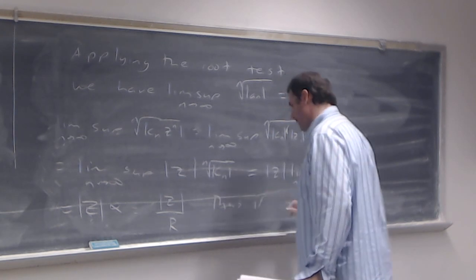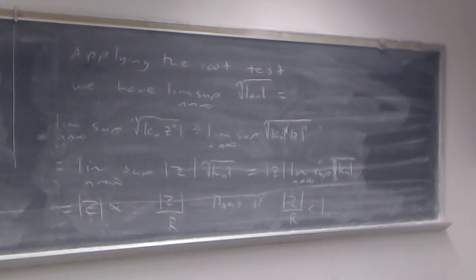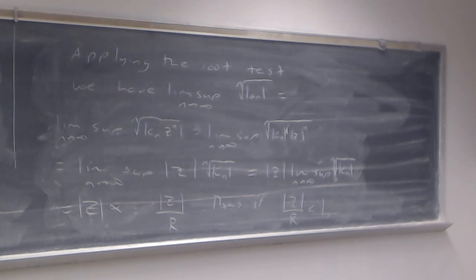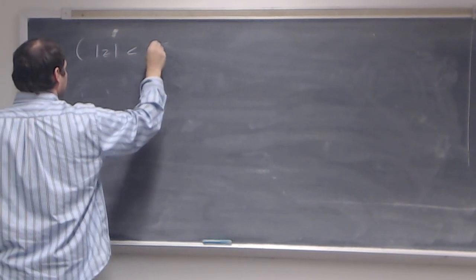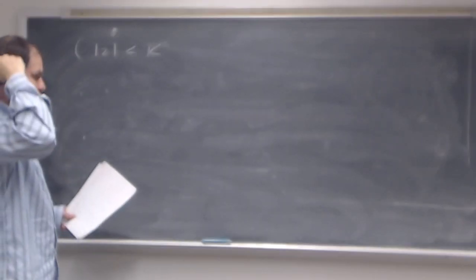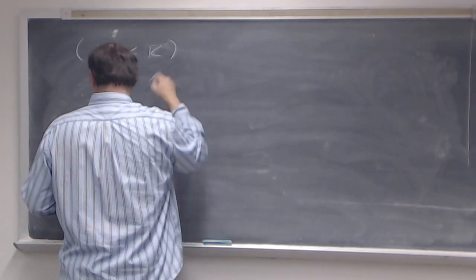So thus, if the norm of z over r is less than 1, which implies that the norm of z is less than r, okay?